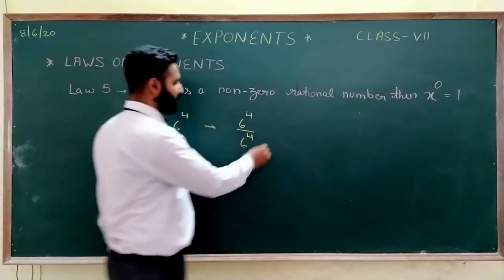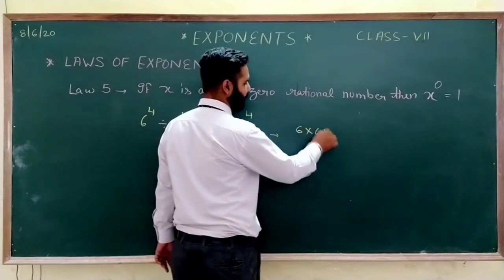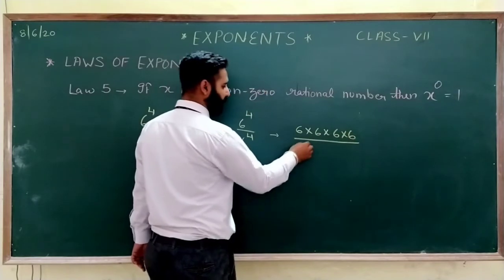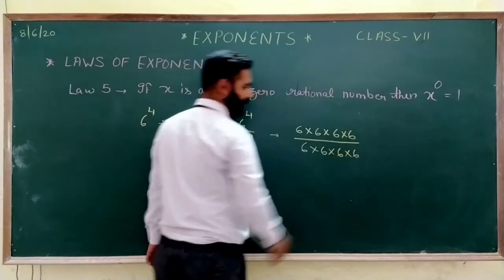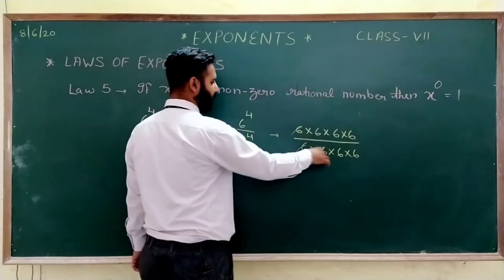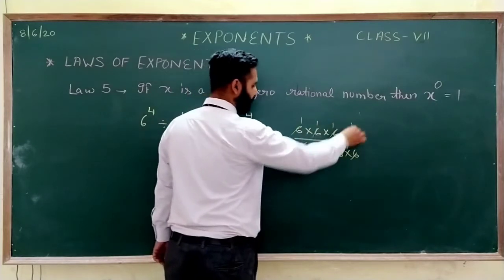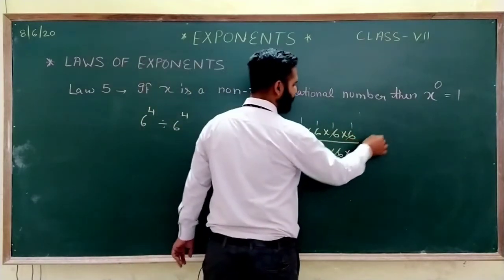Now 6 raised to power 4 means 6 multiplied by 6 multiplied by 6, 4 times, and in the denominator also you will get the same thing. Now all the 6s will get cancelled, 1 1 because 6 ones. Now in the answer what you will get?